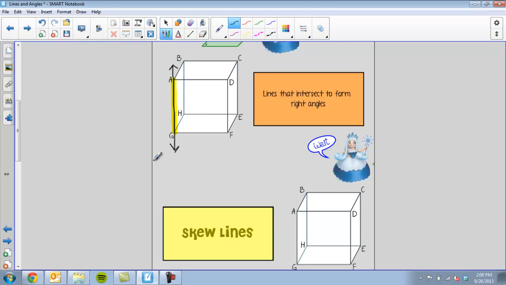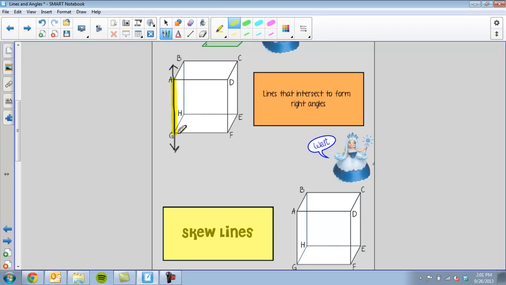So when you see a test and you see the cube, I really need to emphasize that those planes and lines are continuous. It's not just secluded to the figure that you see. Going back to what I was saying though, AG needs to make a right angle with the line that it's perpendicular to. So what line do you think is perpendicular to AG?